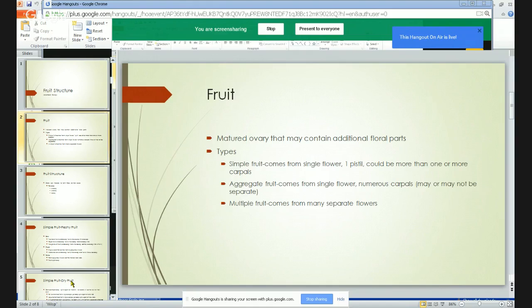There's three different basic types. There's simple fruits, aggregate fruits, and multiple fruits. So your simple fruit comes from one flower. There's one pistil. There might be more than one carpel, just kind of depends. If you look at the picture there that I've drawn, you can kind of see there's only one little carpel there.